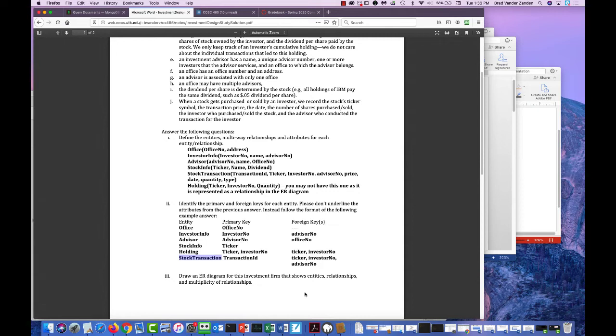So given an investor transacting a stock, how many advisors could there be? I told you that the person who is your advisor may not always be in the office on the day you call up. So what should that tell you about how many advisors could conduct a transaction for an investor?